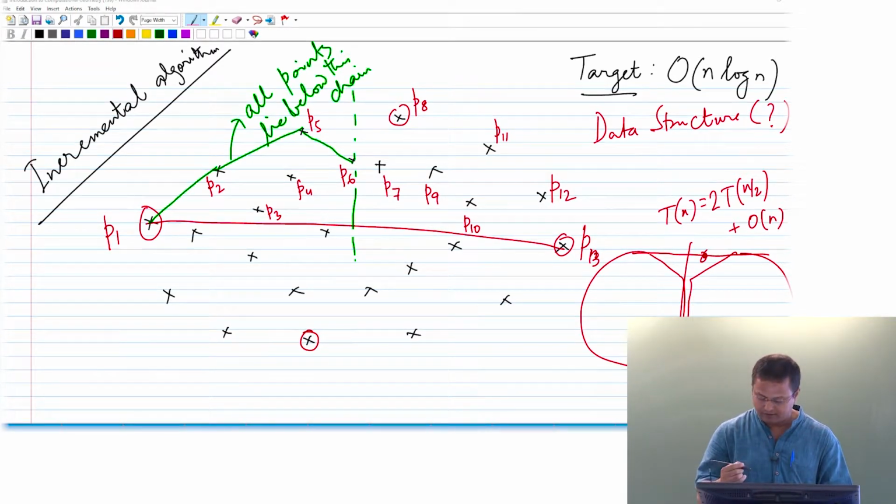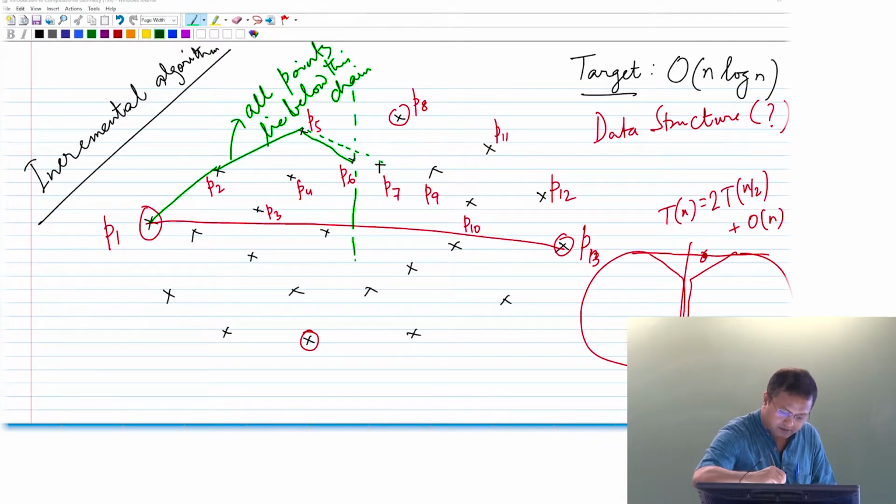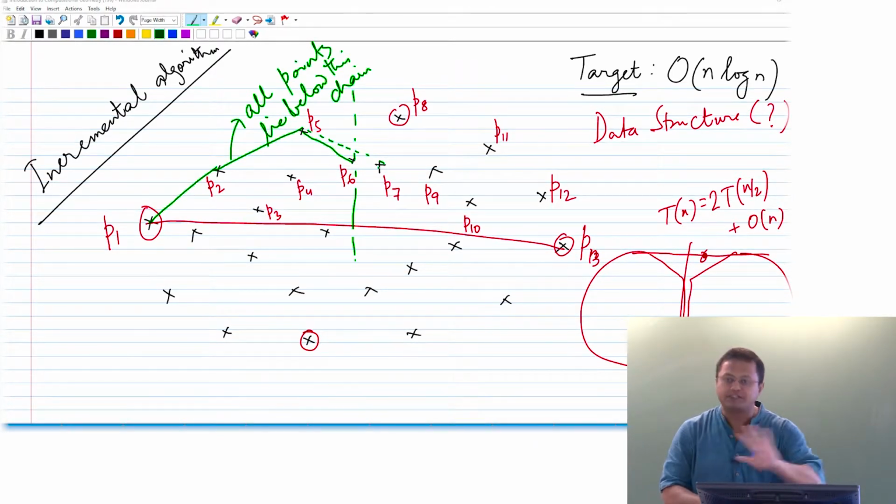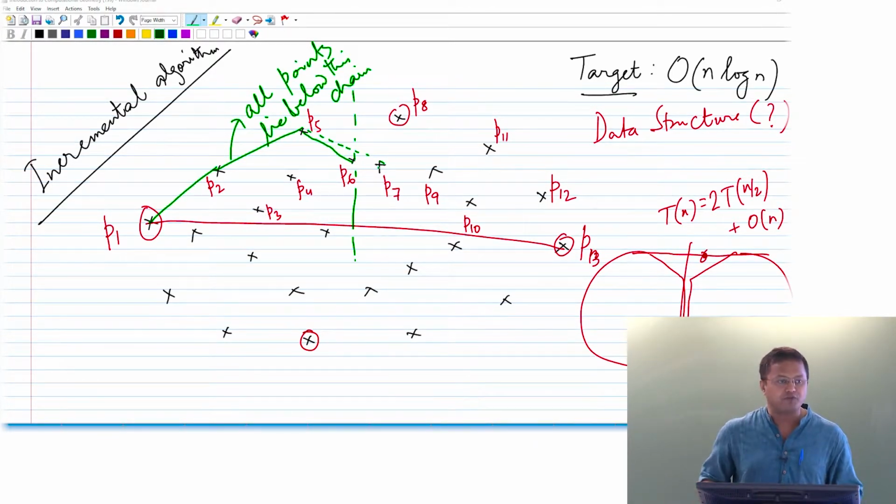Then this would have been your new hull and P6 should have gone away from the chain, agreed.